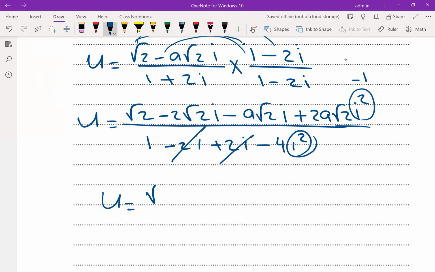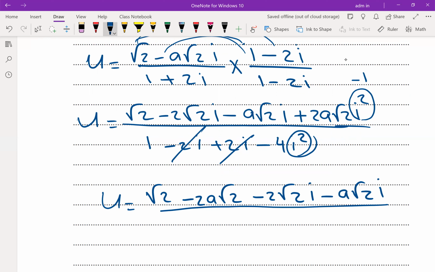So the real part is root 2 minus 2a root 2. The imaginary part is minus 2 root 2 i minus a root 2 i, all divided by 1 plus 4, because i squared is minus 1, so minus plus, so the answer will be 5.